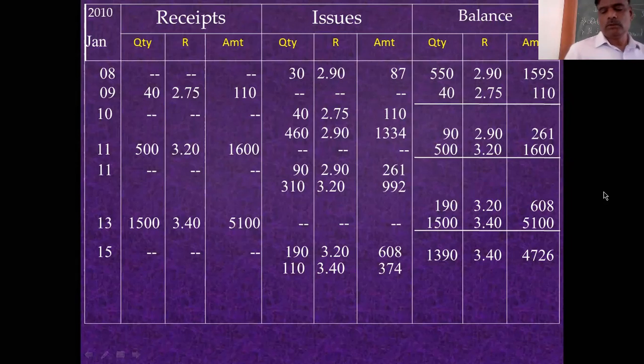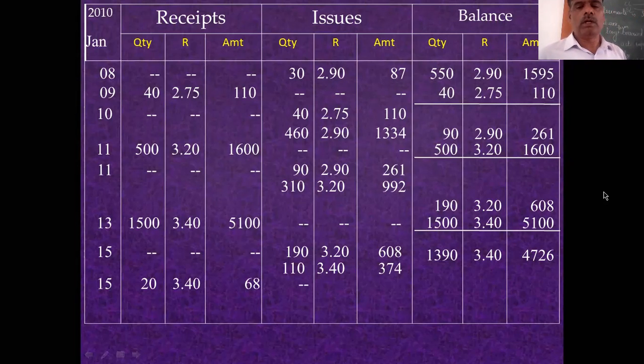Okay. So surplus is there, 20 units. 20 units I recorded. This is to be priced at the recent issue price. Recent issue price will come to the issue column. The recent is 3.40. At this rate you have to enter. 3 rupees 40 paisa.